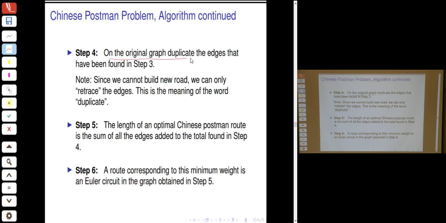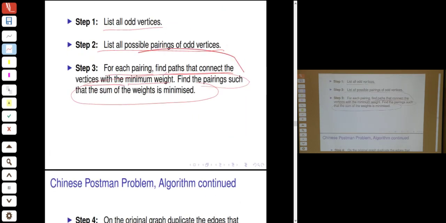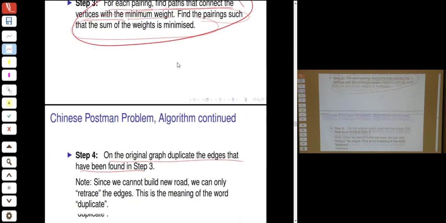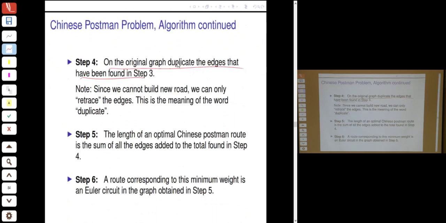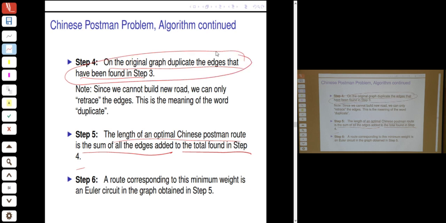Now on the original graph, you duplicate the edges which have been found in these minimum weight paths, and the length of an optimal Chinese postman route is the sum of all the edges plus the total weight that has been found in the previous step.